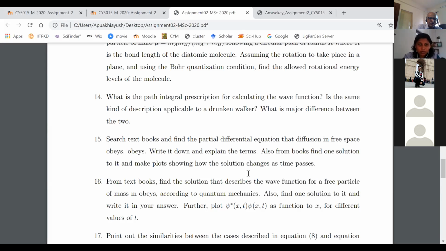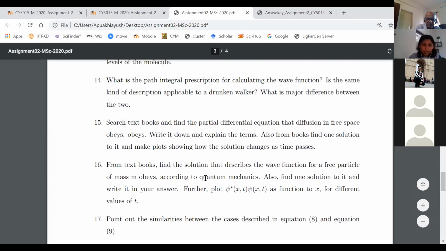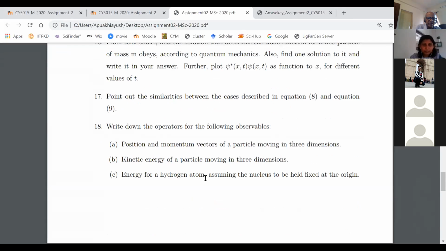Now the question number 17, I should tell you. Aparna, can you lift it up a little bit so that I can see question number 17? Yeah, well, this is a mistake on my part.